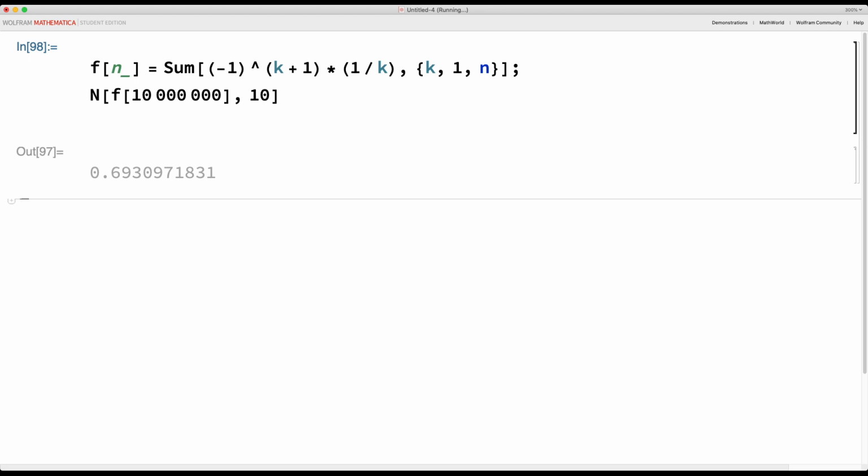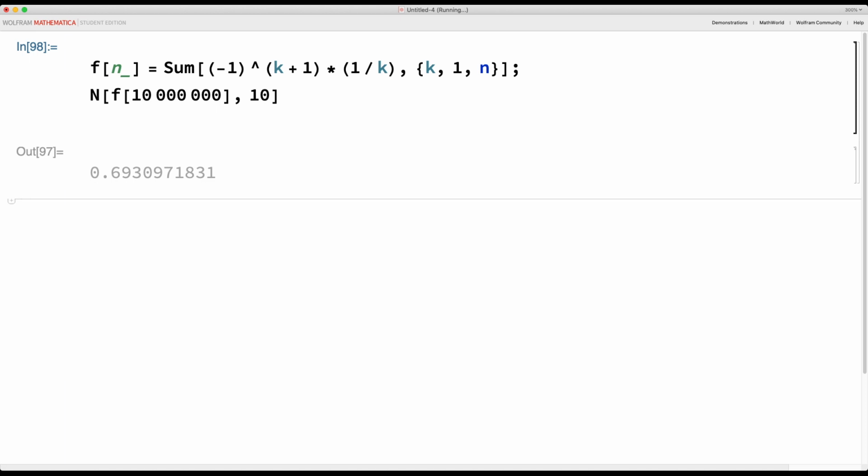It's 10 million things, right? So it's calculating exactly the 10 millionth partial sum and then evaluating it to 10 decimal points, right? So the order here matters.